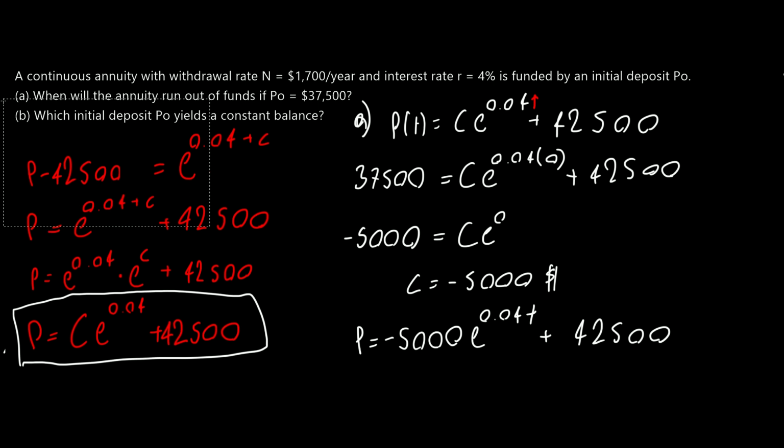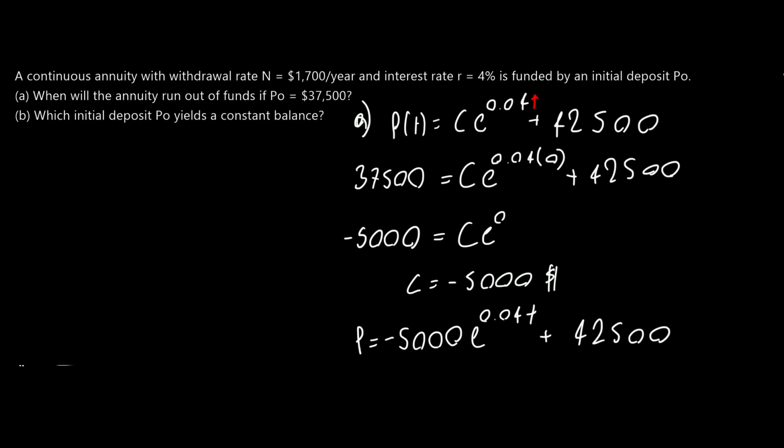And then let me make some more space over here. At this point we're finally able to really tackle A. So all we have to do is find out when the funds run out. Again, this equation tells us what our balance is at any given time. So we want to know when our balance will be 0. So we just have to set this equation to 0.